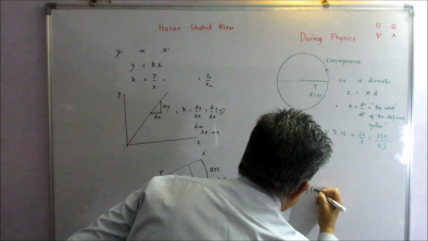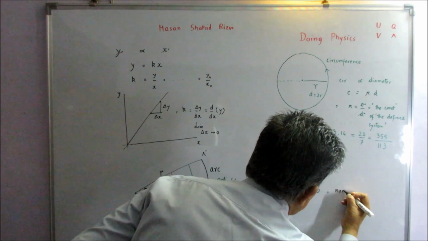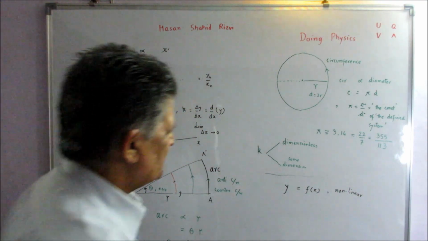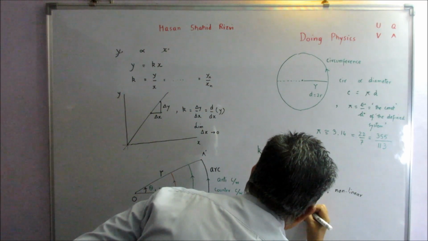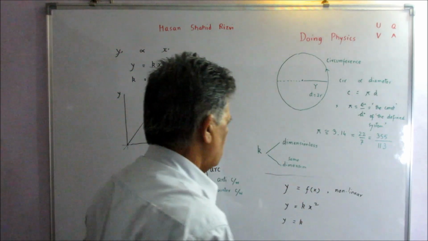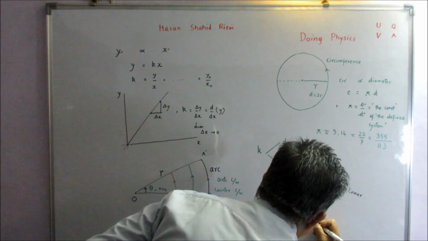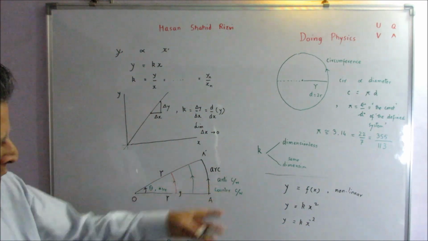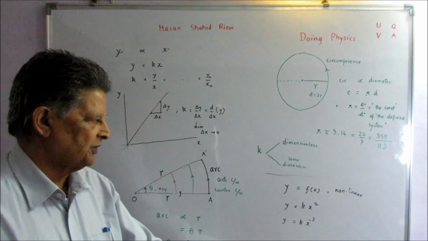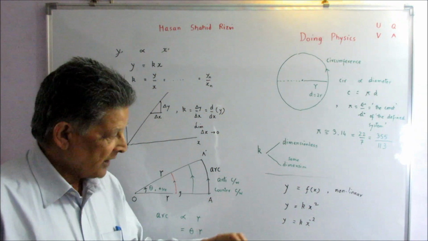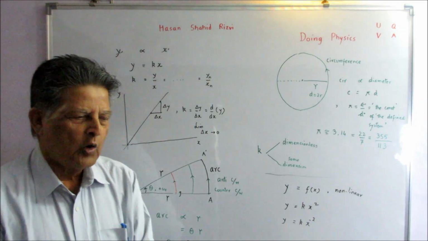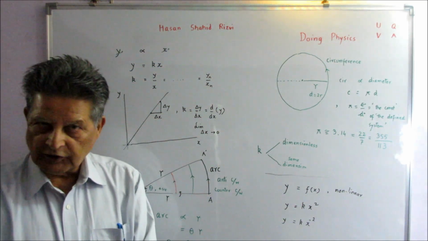Now next I will talk to you about the same kind of function: y is a function of x, but non-linear, like y is equal to k x squared, y is equal to a constant times x squared, or y is equal to a constant times x to the power of minus 2, etc. So please look into it, and with the help of this system, I will teach you together at one go what is Coulomb's law, as also the law of universal gravitation, whether things go the same way.